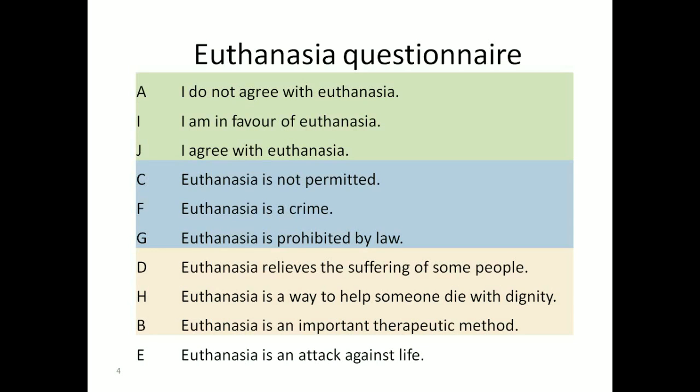The blue ones are rather about the legalistic questions, and the pink ones relate to the way other people feel about other people. Maybe to what extent do they sympathize or empathize? And E, as I said, is one which I couldn't quite place. I wasn't sure where I would put this.